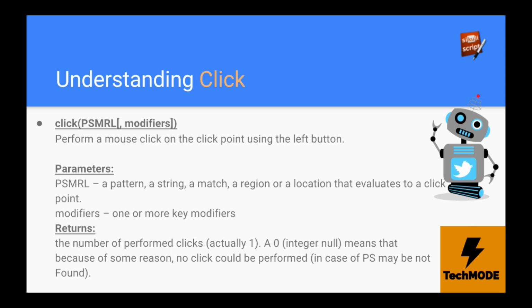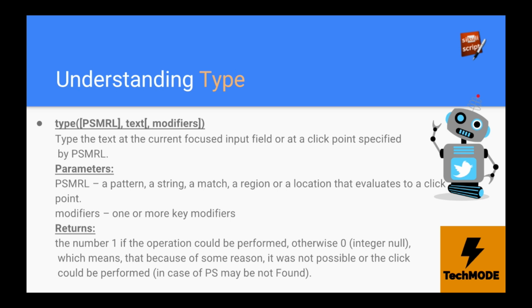Suppose you want to click a particular hyperlink, then take a screenshot of it, as I already mentioned in the first part of this series. If you haven't watched it, please go to that part and have a look. It's going to return the number of clicks on the particular image that you pass.